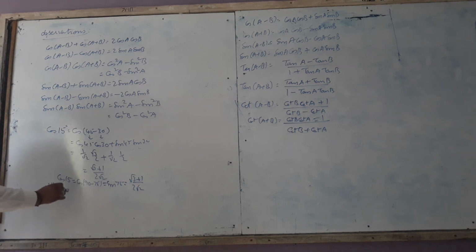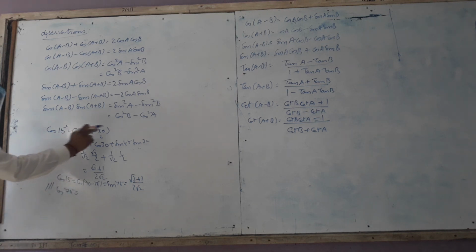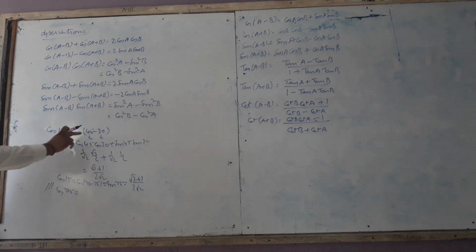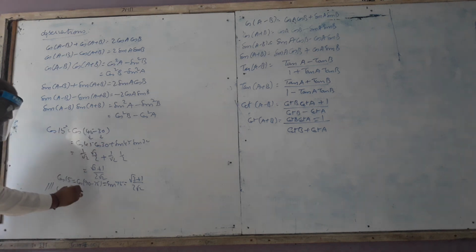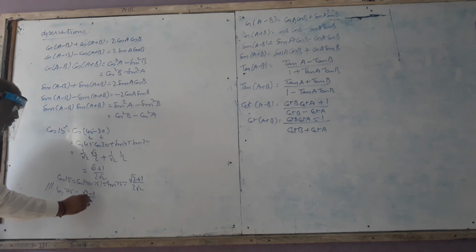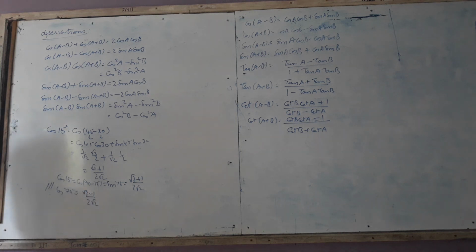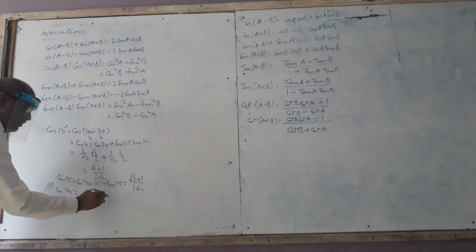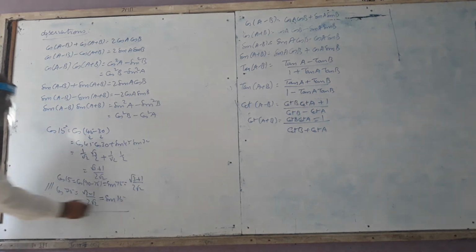Similarly, cos 75, 45 plus 30, result is root 3 minus 1 by 2 root 2, by the cos A plus B formula. And it is also equal to sin 15. Make it fast.